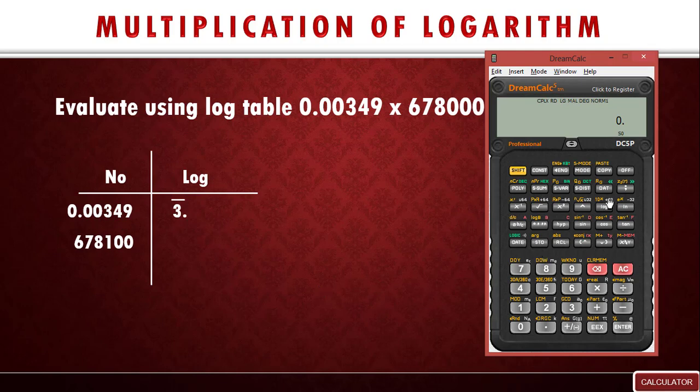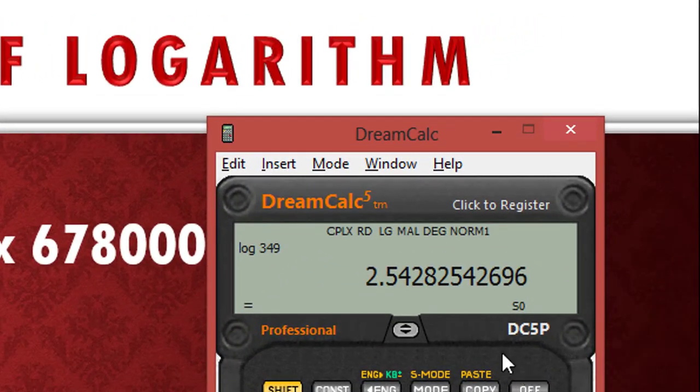Press log 349, then press enter or equals to. The only thing we need here is the mantissa, so we don't need this characteristic. We only need the mantissa, which is 0.5428. Remember the mantissa is only 4 digits, so we are stopping at this 8.